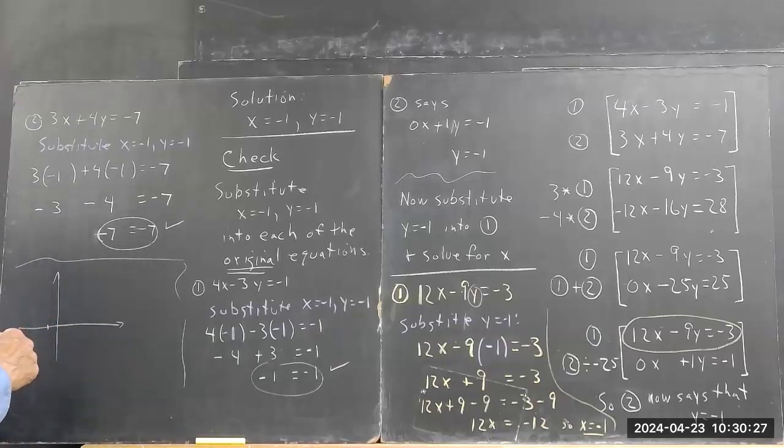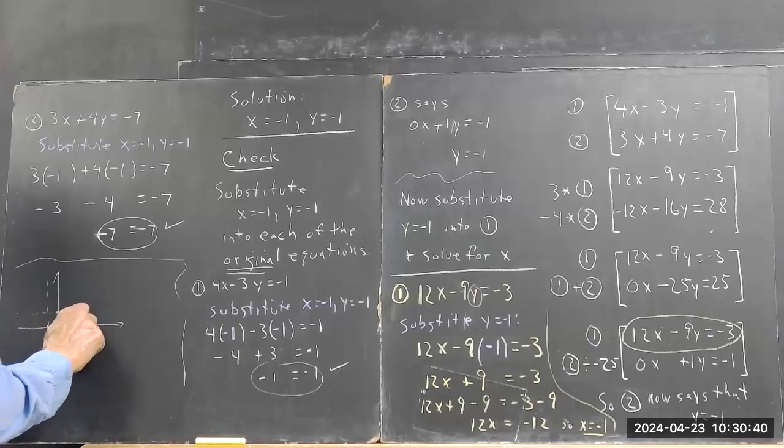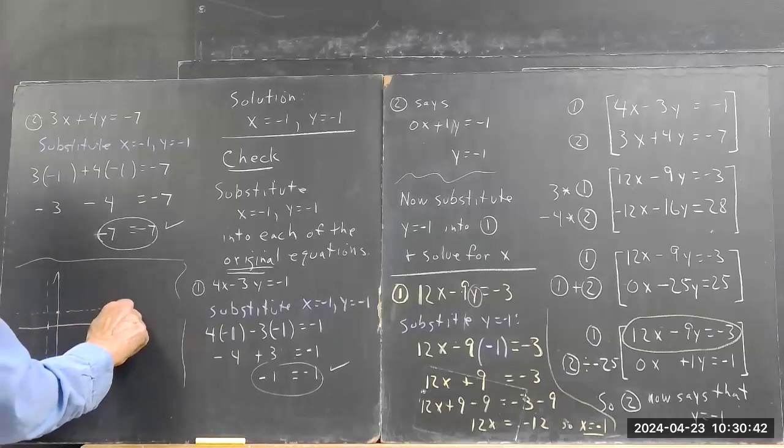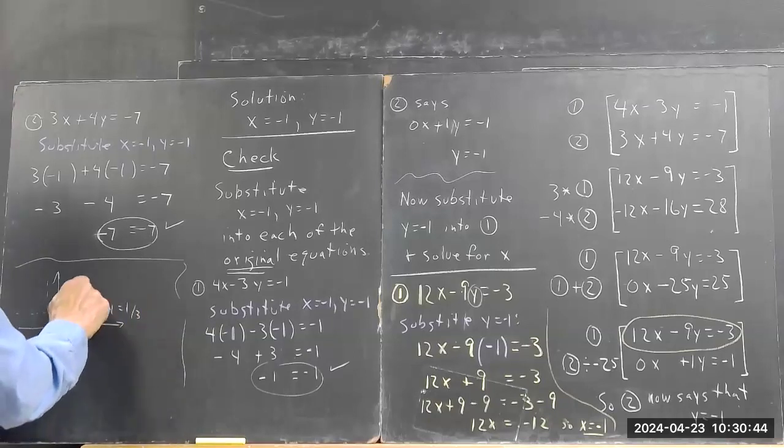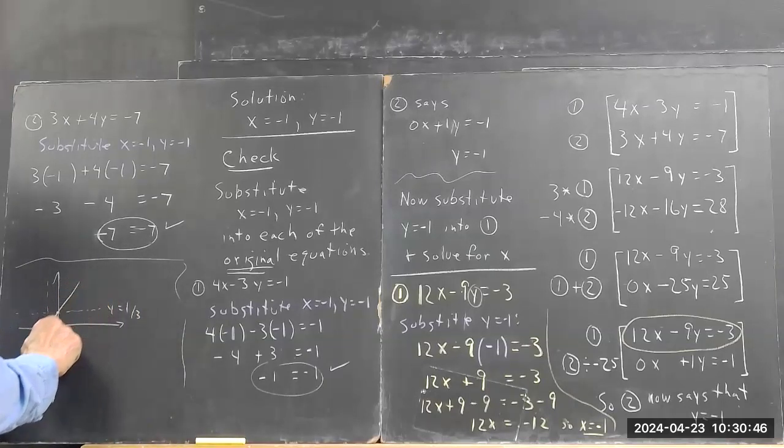The y-intercept is going to be +1/3. So here we have a straight line that looks something like this.